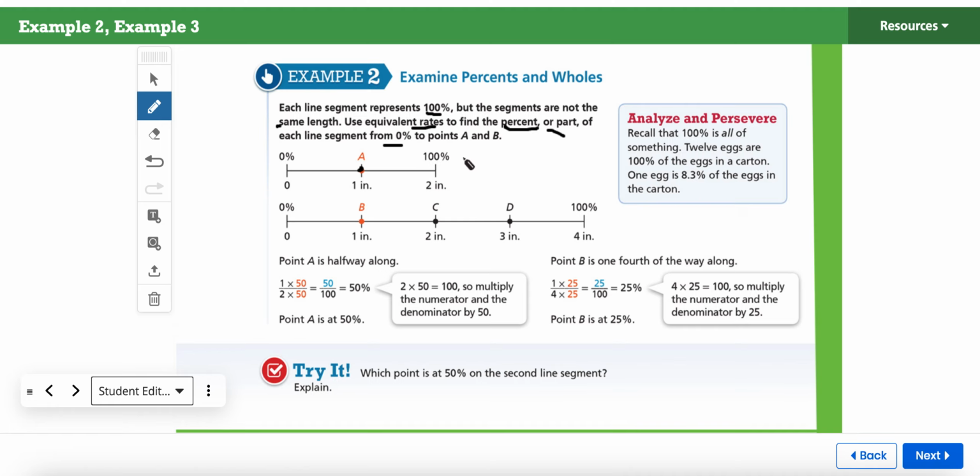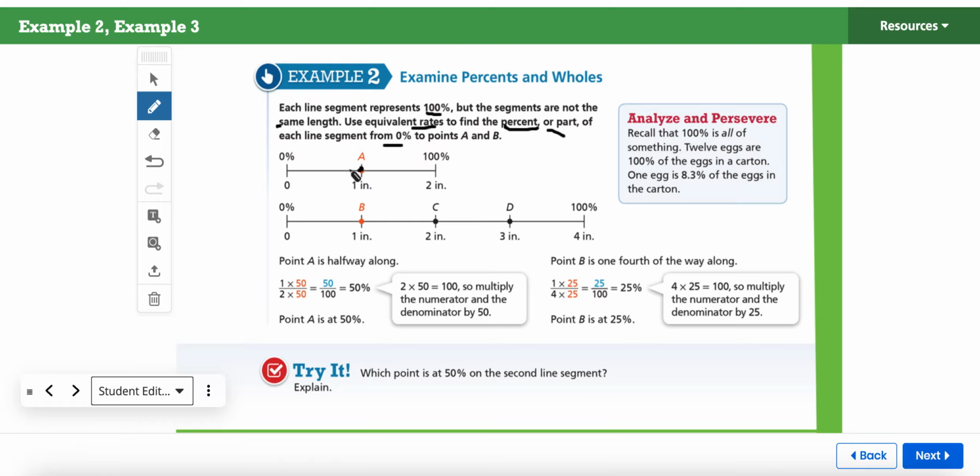So in this case, we know that we have a total of 2 inches, from 0, 1 inch, 2 inches. So point A is on the 1 inch. So we're going to start with 1 over 2. The 1 represents the 1 inch, the 2 represents the 2 inches. So point A is at 1 out of the 2 inches.